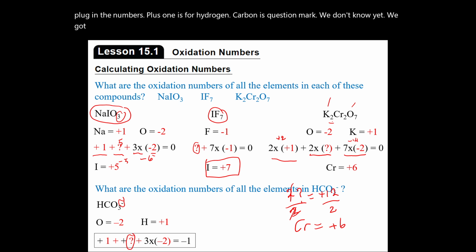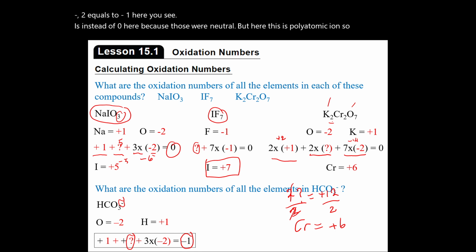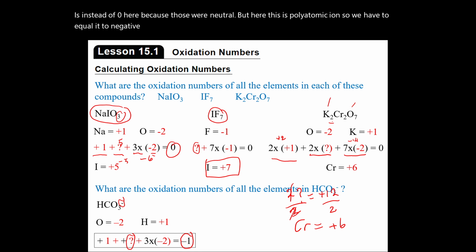We got 3 oxygens, 3 times -2, and it equals -1 here, you see. Instead of 0, because those were neutral, but here this is a polyatomic ion, so we have to equal it to -1. If it were -2, then it would have to equal -2, and so on.